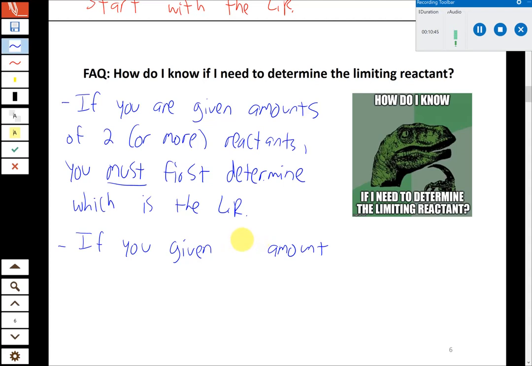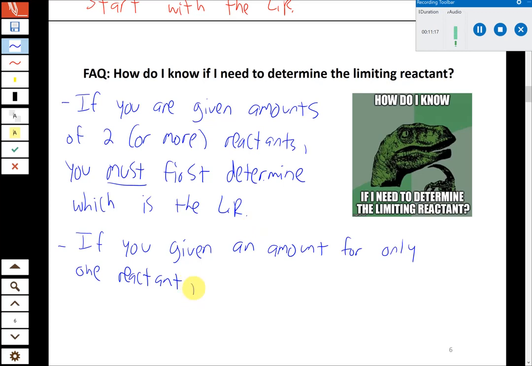If you're given an amount for only one reactant, and sometimes in problems like this, we would say, reactant A is combined with an excess amount of reactant B. So if we explicitly tell you that one of the reactants is in excess, then you know which one is limiting because that's what's given in the problem. But in most cases, we'll just give you an amount for only one reactant, and if that's the only amount you have, you have to assume that that's the limiting reactant. There's no other way to do it.